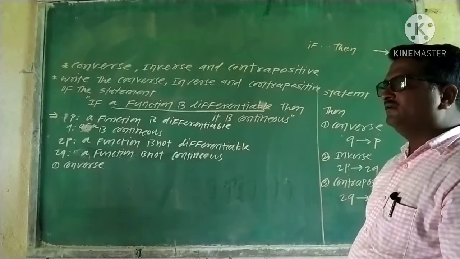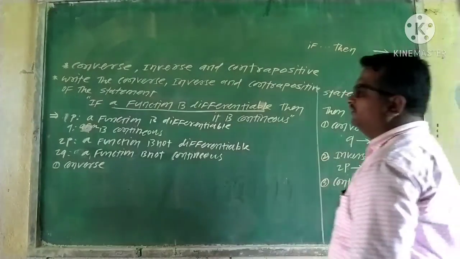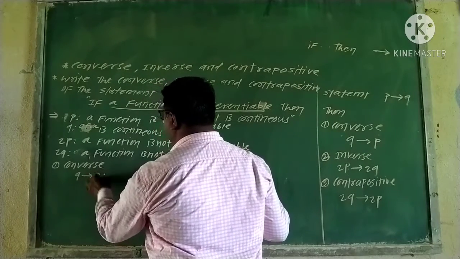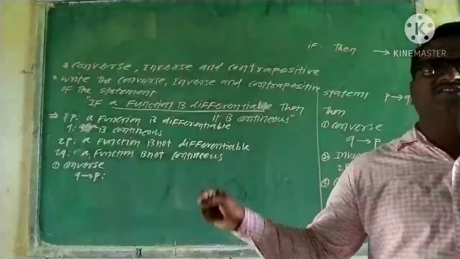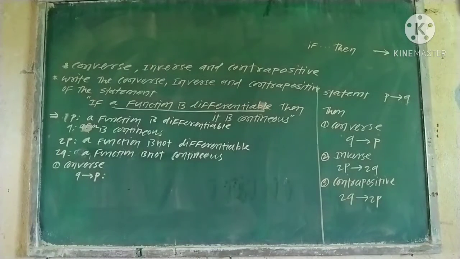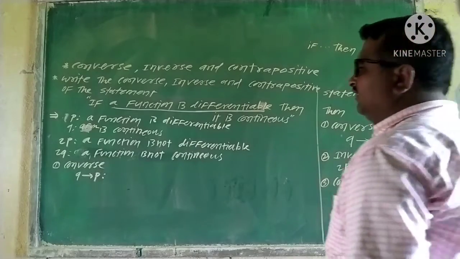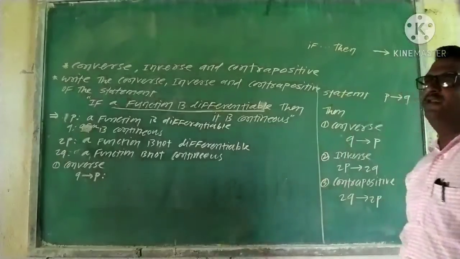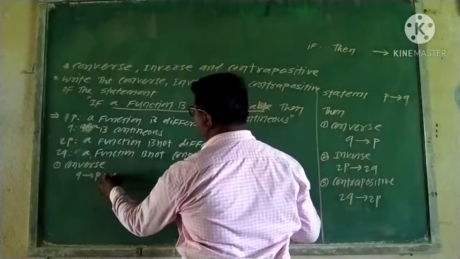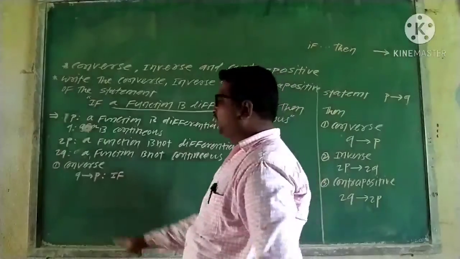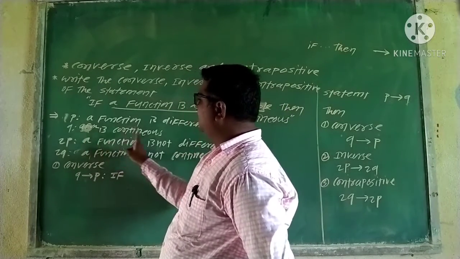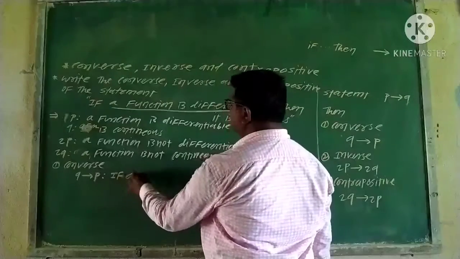The converse is Q implies P. This is the symbolic form. We can write it in words. Implication, the logical connective, is if-then, so we write if. Next Q: a function is continuous.